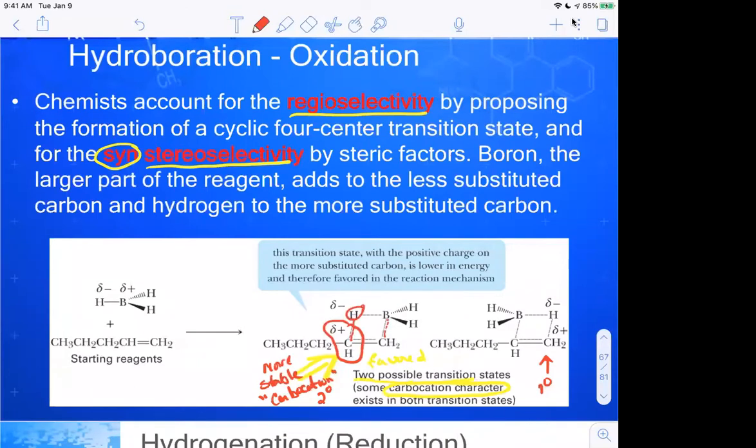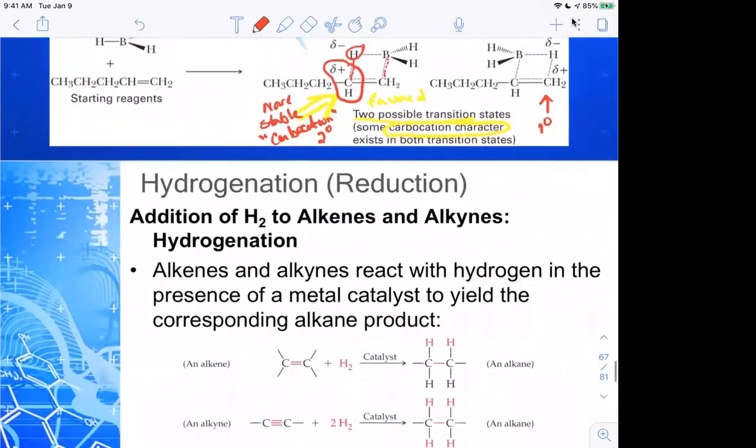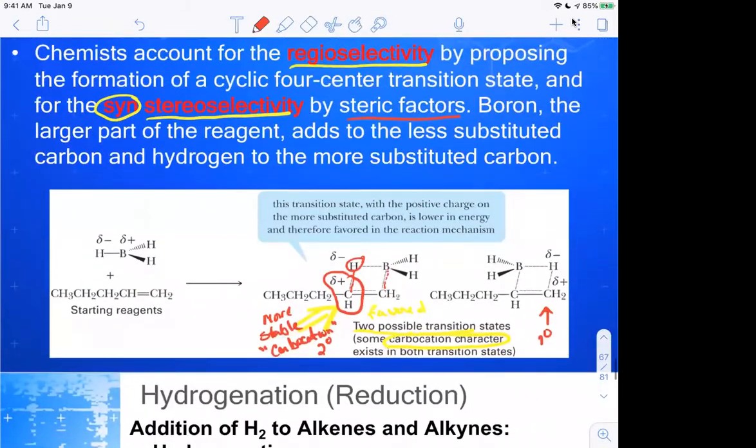Now the syn is due to steric factors, and we'll talk about that later. Oh, I guess we won't because we're moving on. The syn is because when these are larger groups, they want to be away from those alkyl groups.